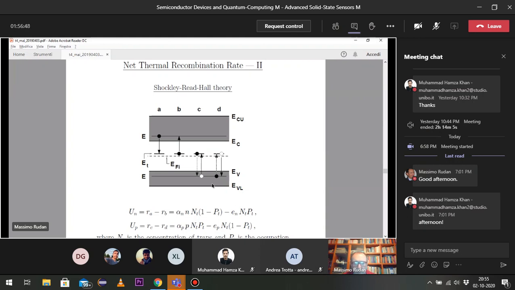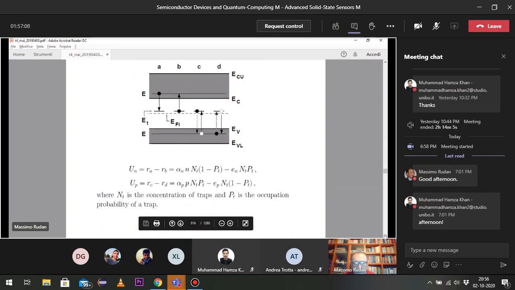So obviously, events of C-type less events of D-type per unit volume and time provide the net recombination rate of the valence band, okay? Now let's give some names to these rates.